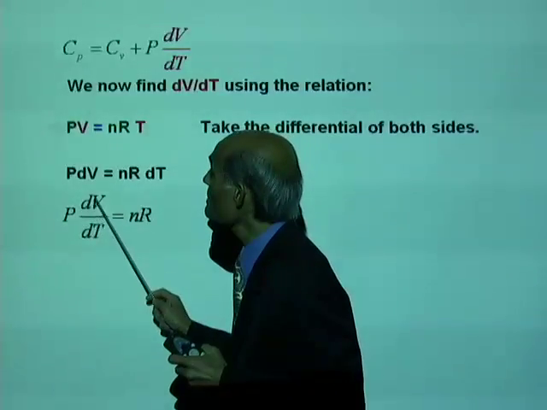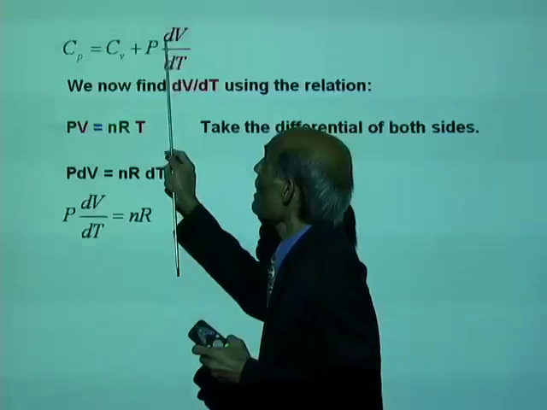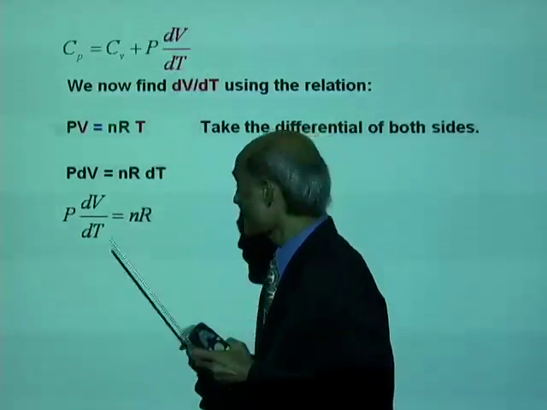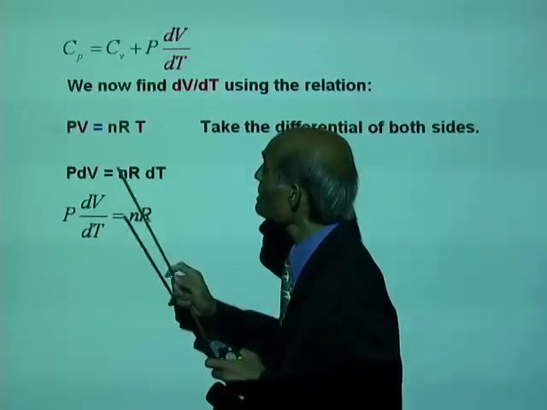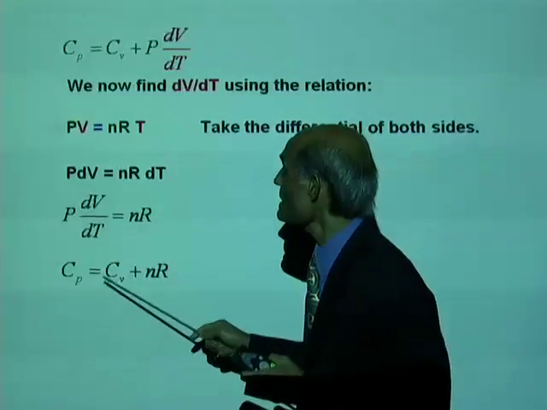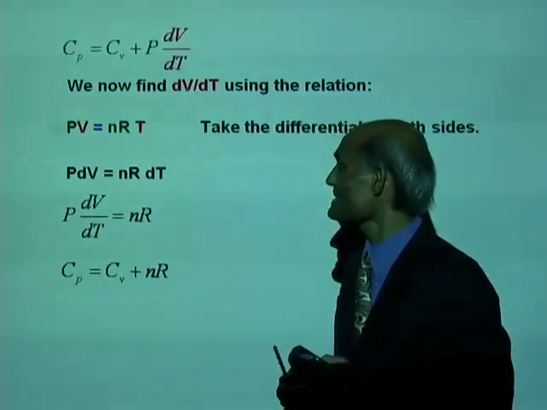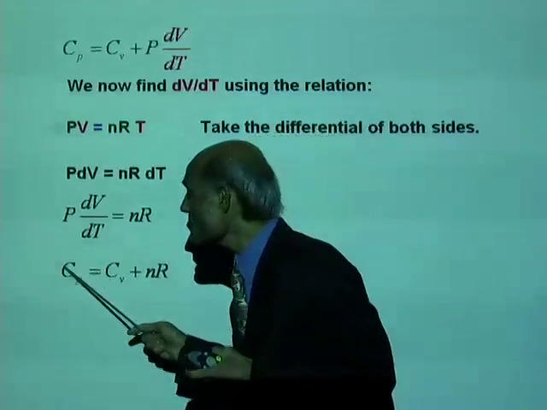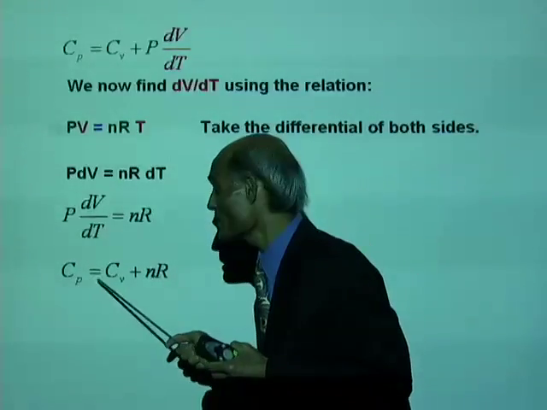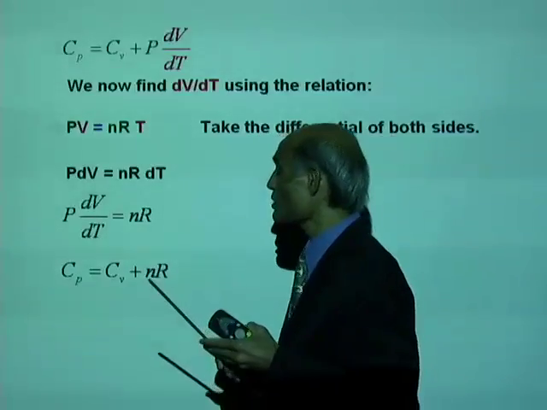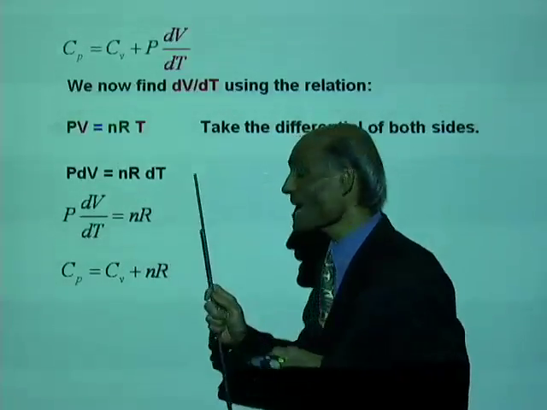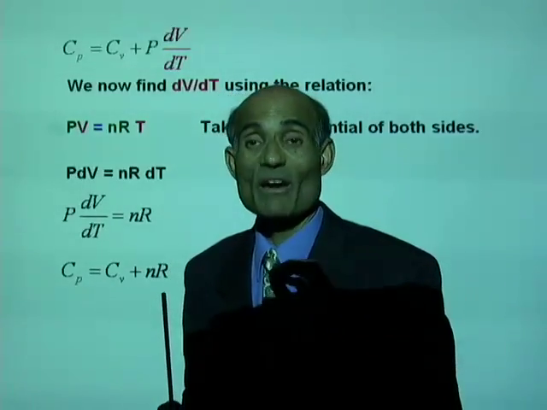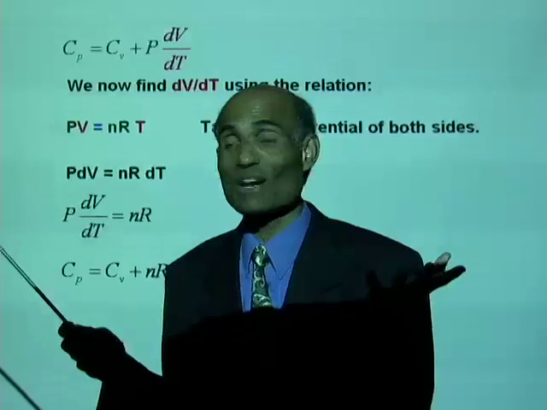Okay, P dV by dT equals nR. That means I can replace this P dV by dT with nR. So what does Cp equal? Cp equals Cv plus nR. That's a beautiful relation. The heat capacity at constant pressure equals the heat capacity at constant volume plus nR, where n is the number of moles of the gas and R is, of course, the universal gas constant.